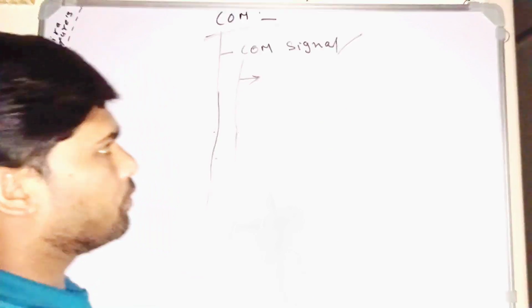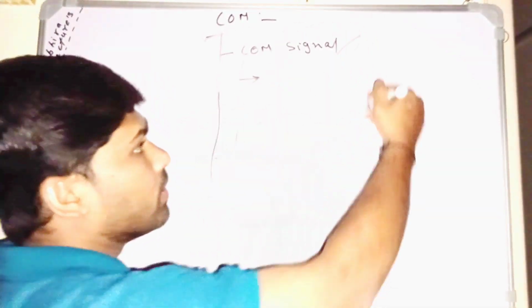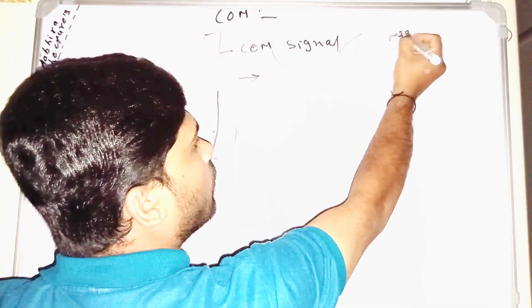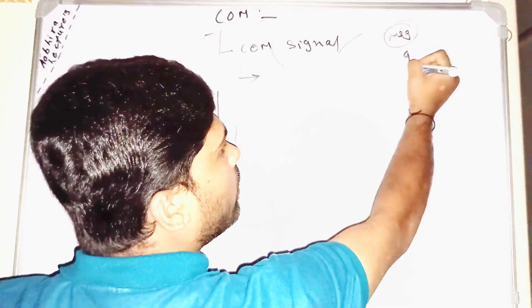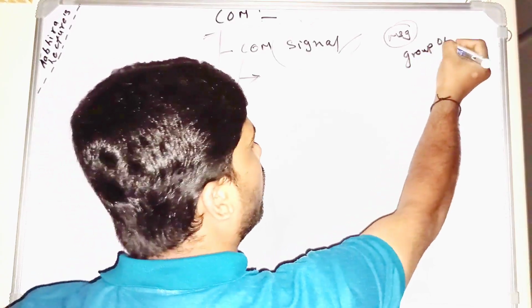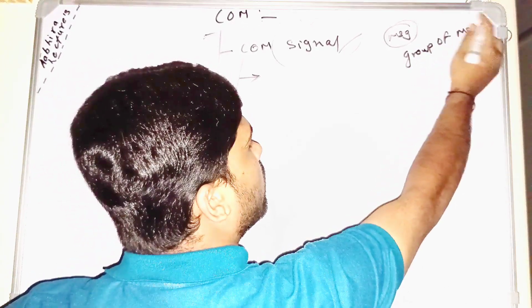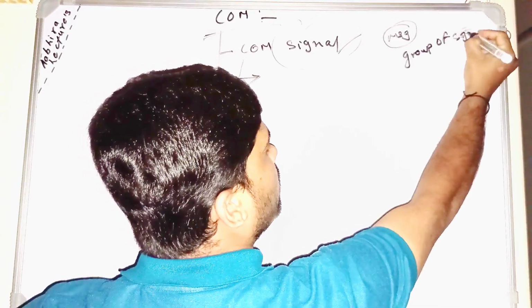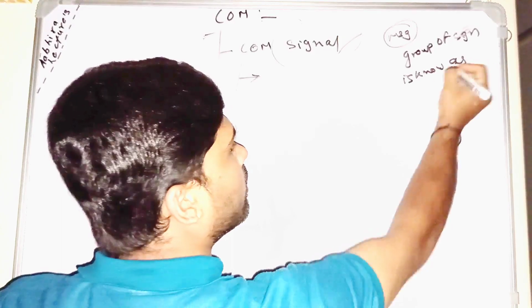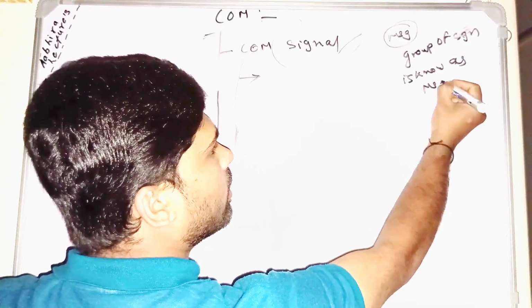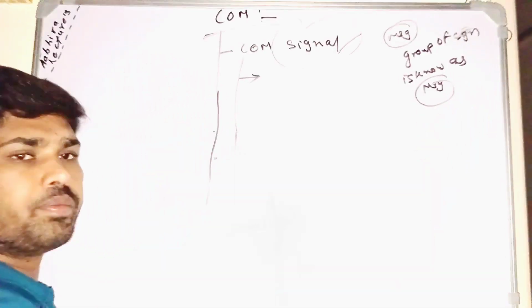And one more thing, we know signal, right? A signal is the message we are configuring from the lower side. A group of signals is also a message, right? Correct? This thing we know.